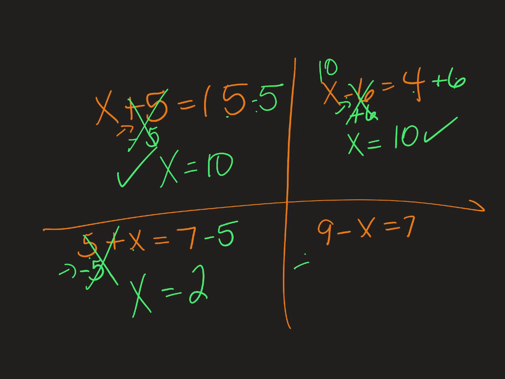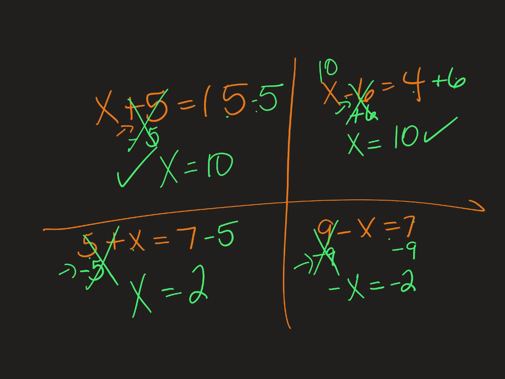Same situation here, okay? But in this case, the opposite of a plus 9 is a minus 9. Now watch this, I'm going to show you. Then you're going to have negative x equals 7 plus a negative 9, which would be a negative 2.